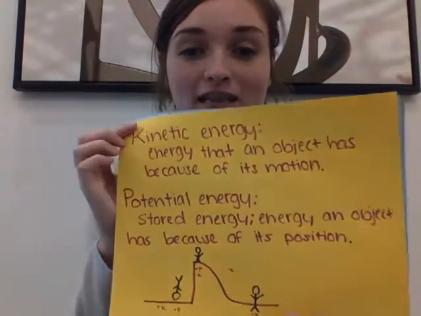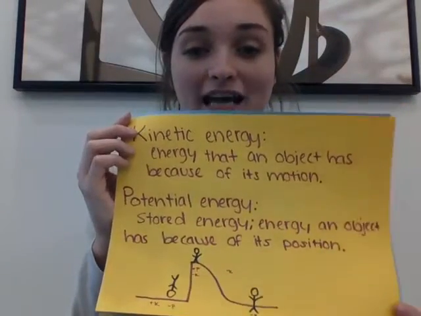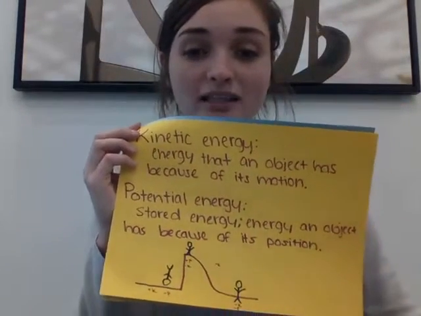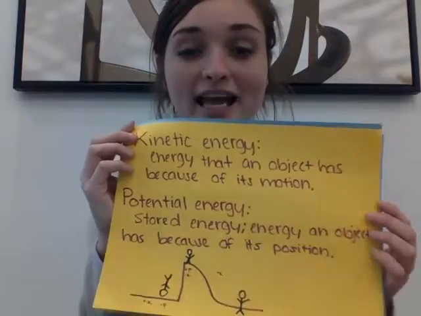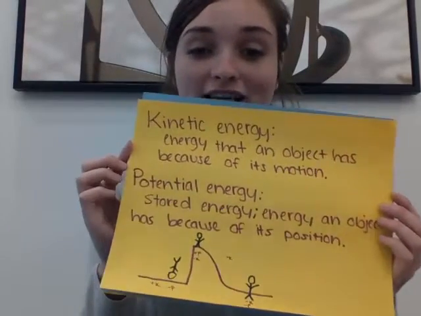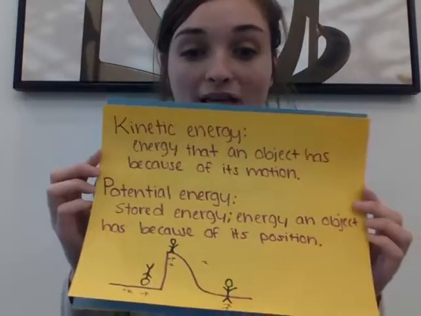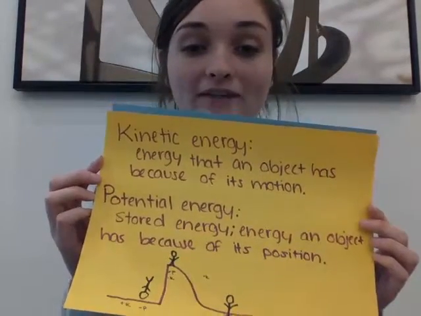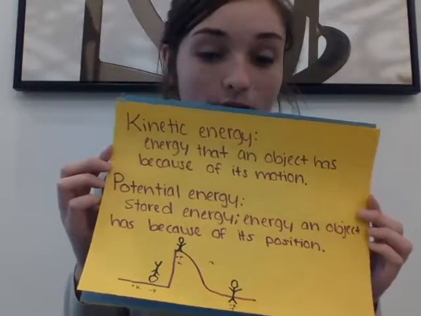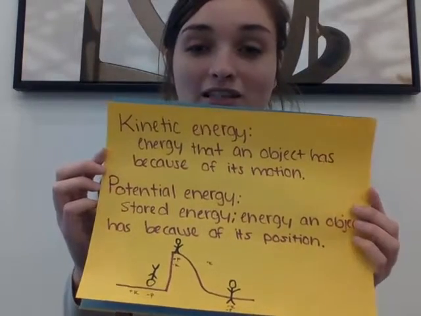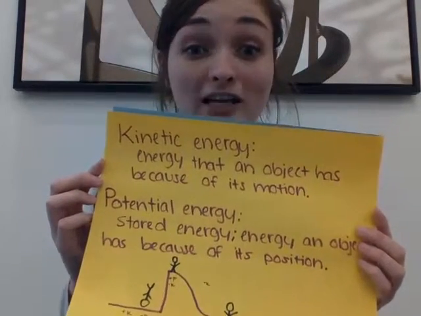Kinetic energy is energy that an object has because of its motion, and potential energy is stored energy an object has because of its position. A good example of kinetic energy is wind. Wind is in motion and can push your papers out of your hands.